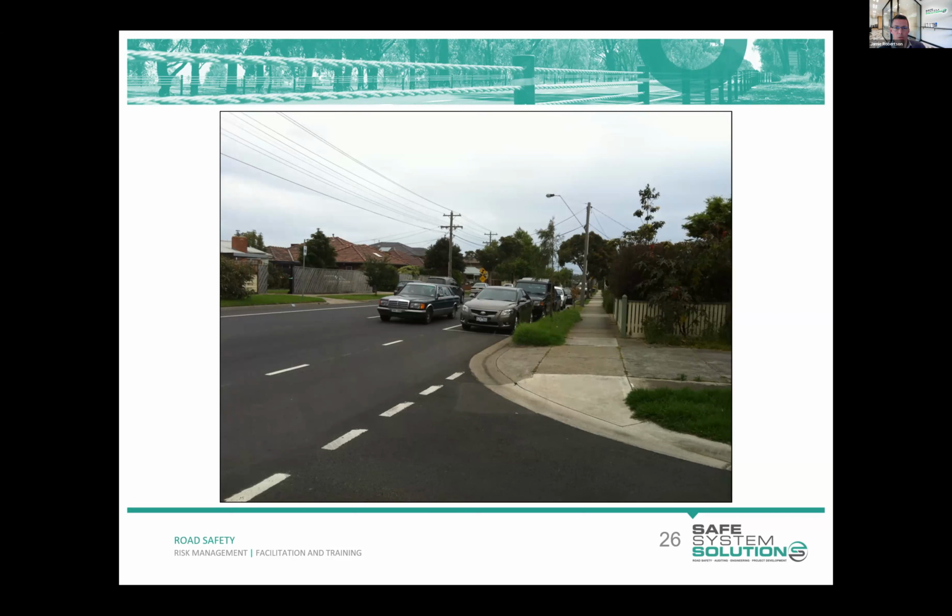This is a typical black spot safety issue where we see intersection type crashes. Perhaps I'll put it out to the group to suggest some treatments now to address the risk that's been introduced.